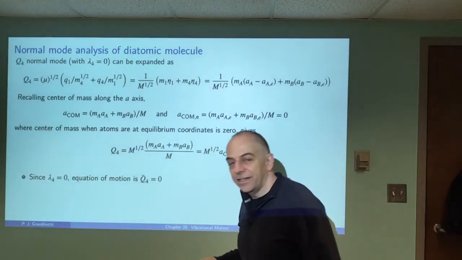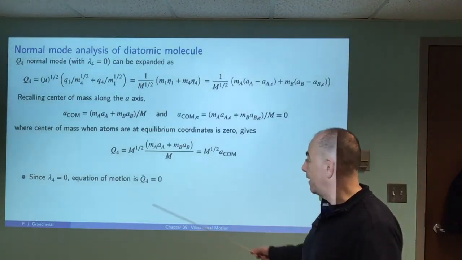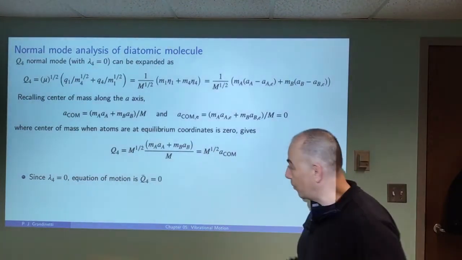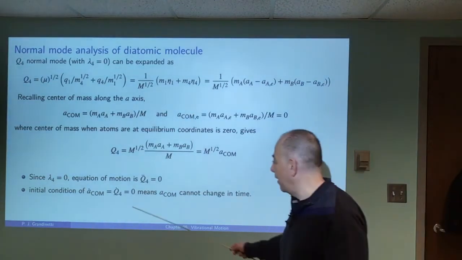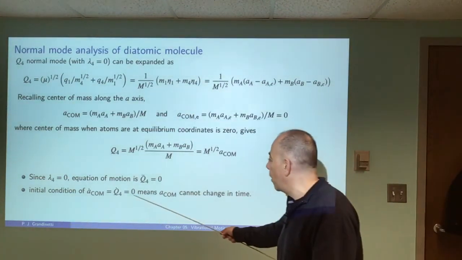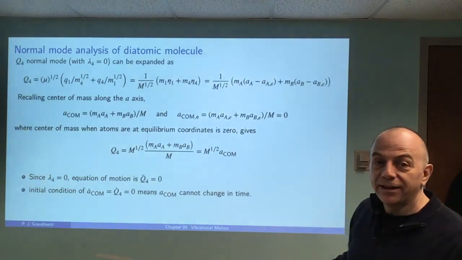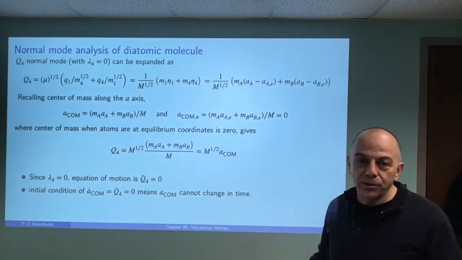But remember, lambda 4, the eigenvalue for Q4, is 0, right? And so that means that the equation of motion for Q4 is Q4 double dot equals 0. And if we have an initial condition of no motion on Q4, or no motion of the center of mass, which we would have if we started out in that frame, that means that the center of mass cannot change with time.